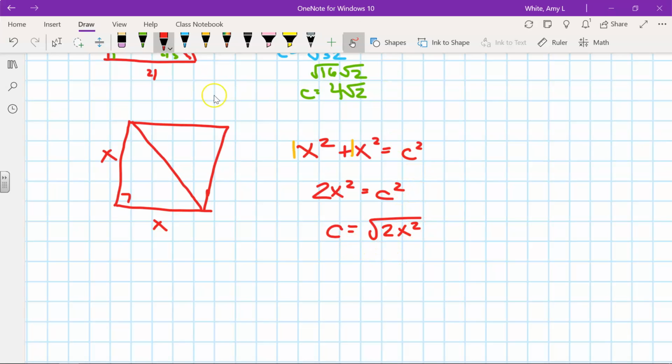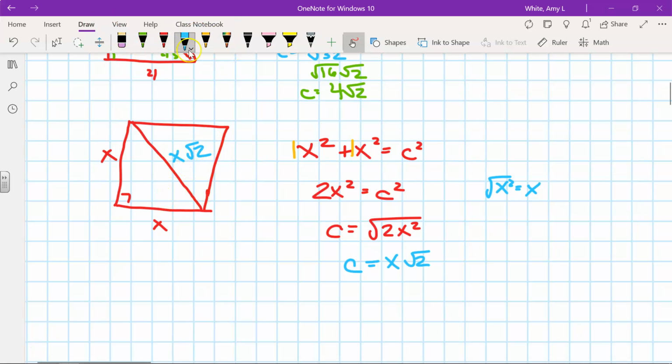Now we can simplify this radical as well. I know the square root of 2 is not going to simplify, but I do know that the square root of x squared is just x. So my final answer for c would be x square root of 2. So just like when we had a specific side length for the sides of our square, if we use a variable, we still get that same pattern.